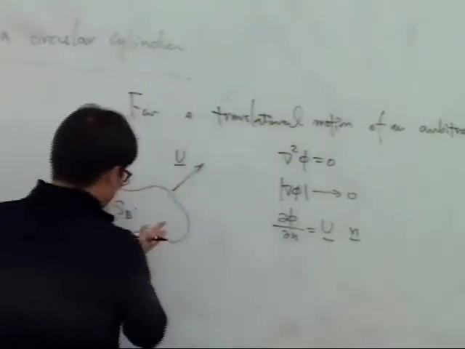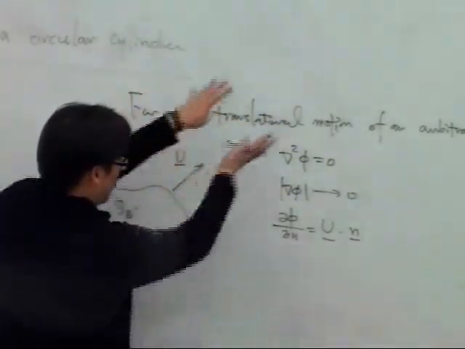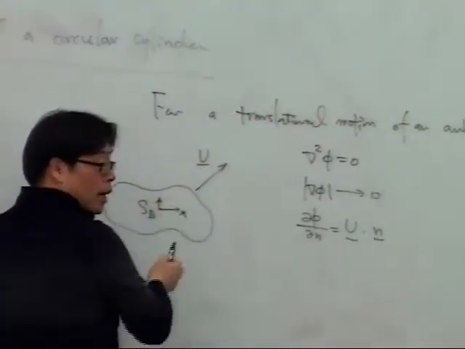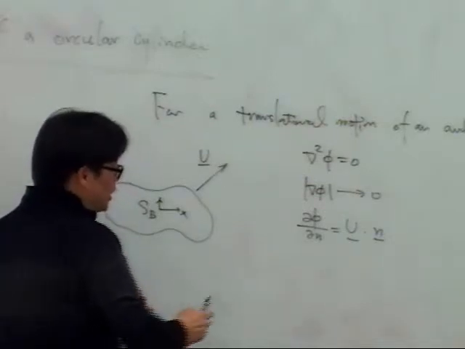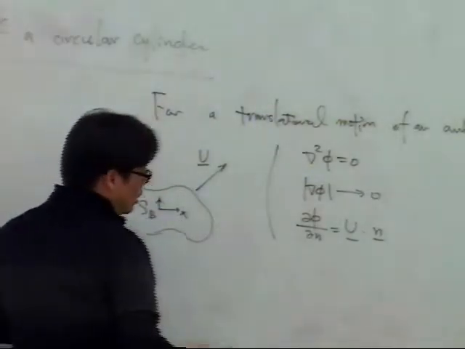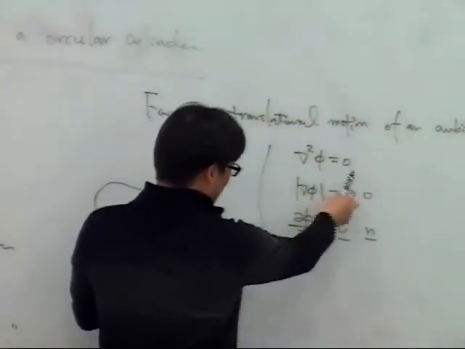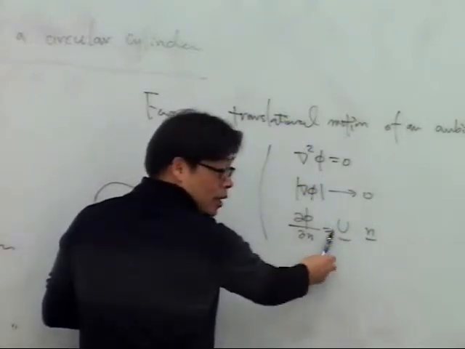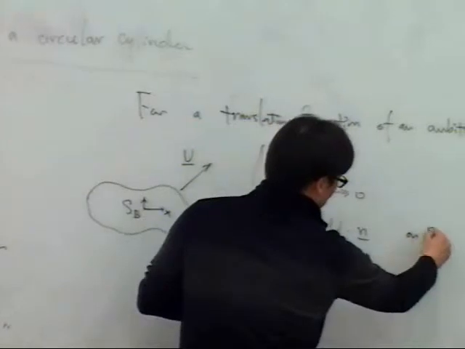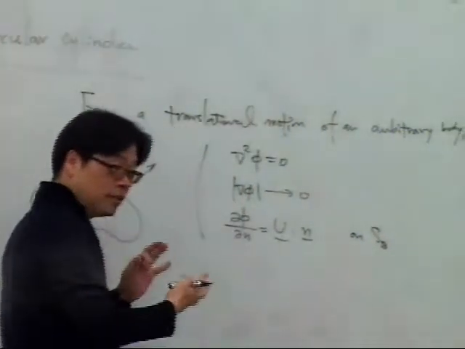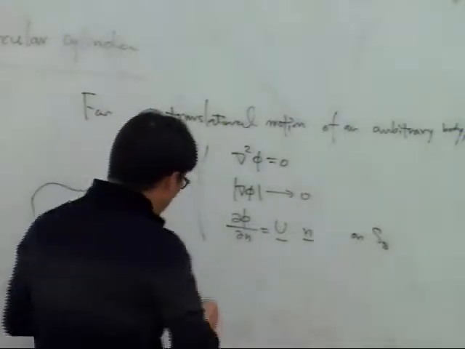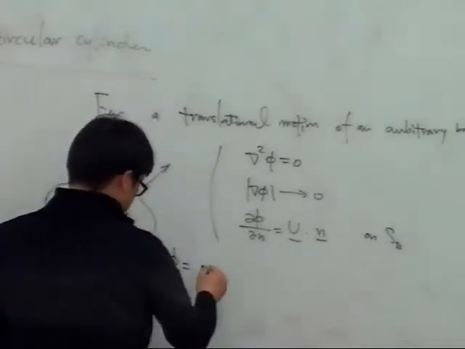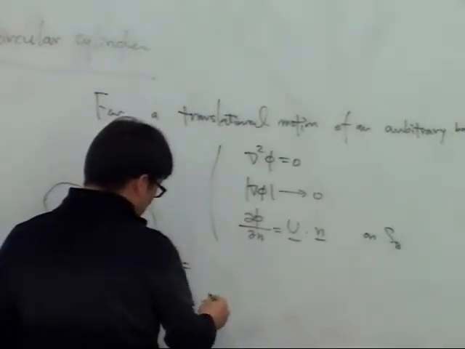Okay, so think about it. This guy is moving in some way, and you have a body coordinate system which is fixed here, and the normal vector doesn't change. So for the Laplace equation, you don't see any time dependence. And for this one, the only time dependence appears here, on the body surface, but the body surface is fixed in a moving coordinate system, and therefore I can pull the time dependence out of the velocity potential in the following way.